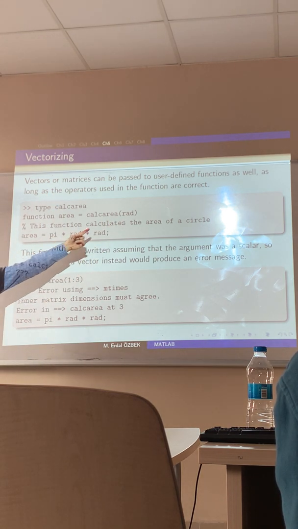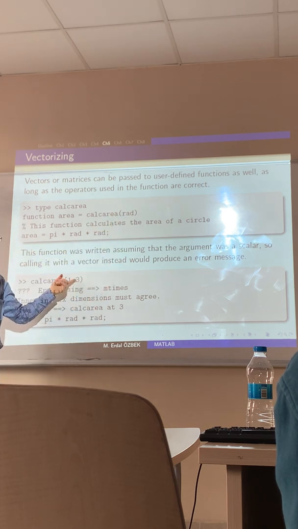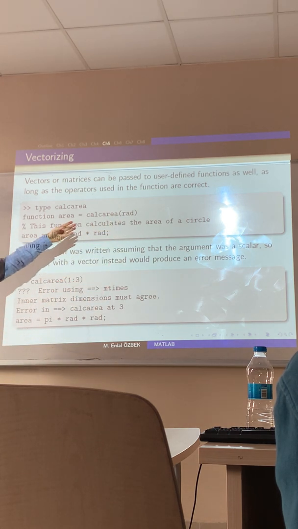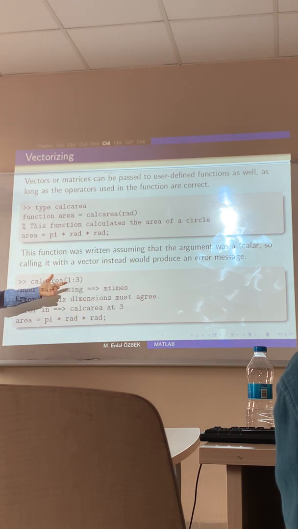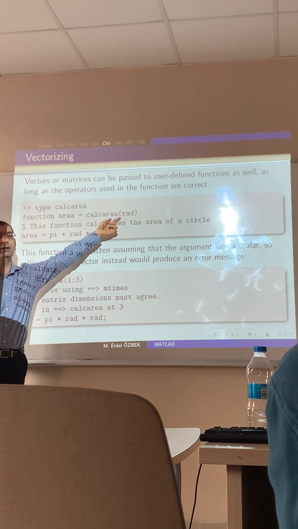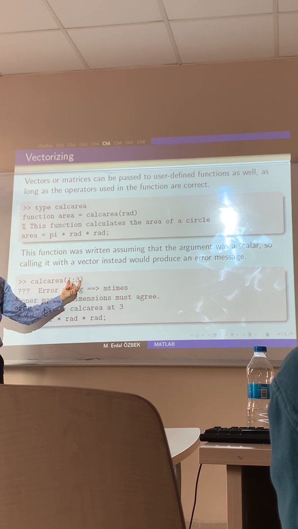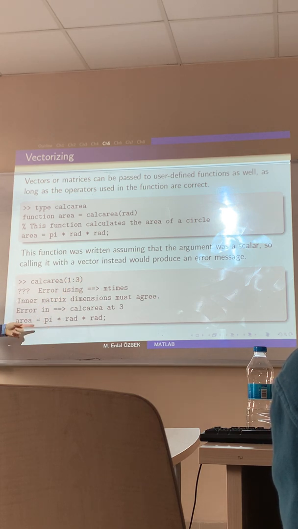If it is one number, it should be one number here. If you define a vector route, then we should have a vector route here. So your route should be vectorized here. You can have the route like this, you can give it like this, but your function should be compatible with this input.